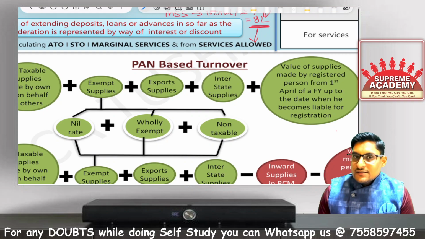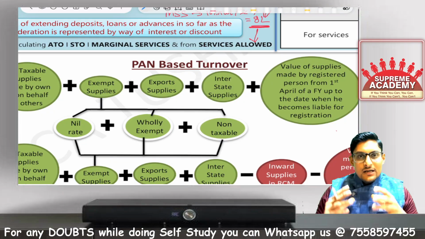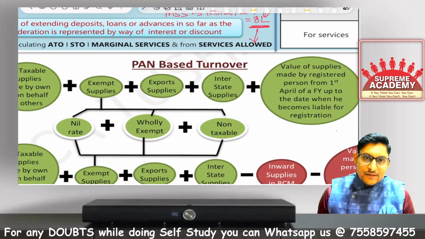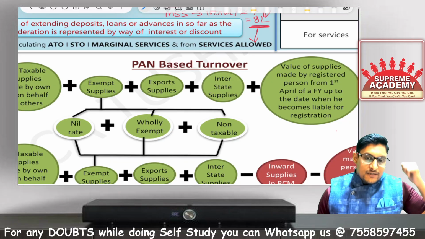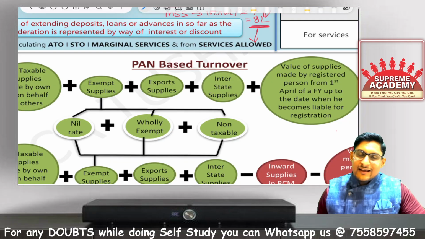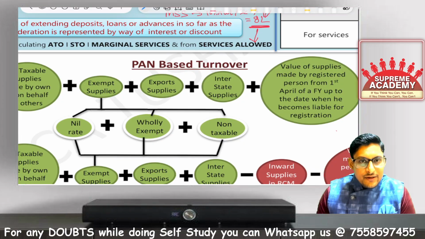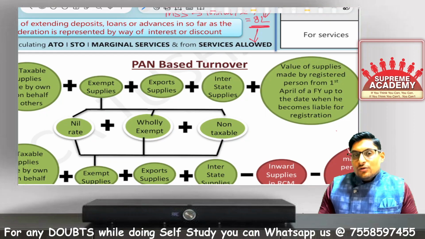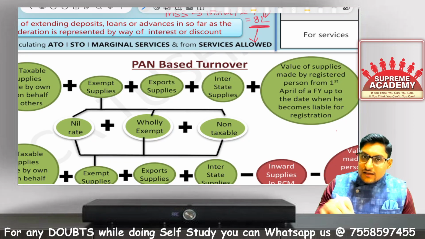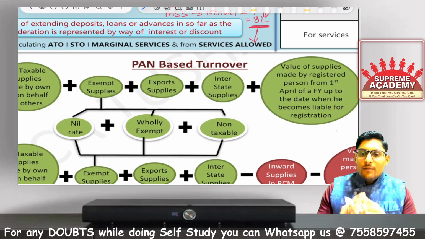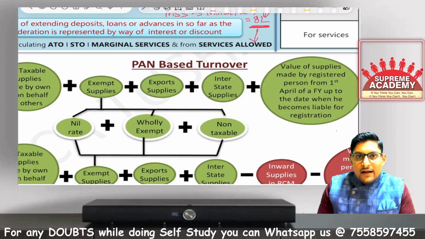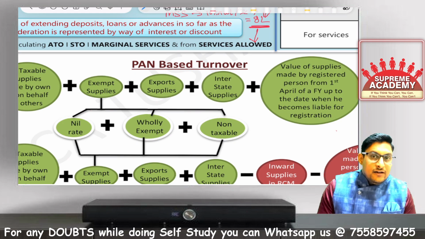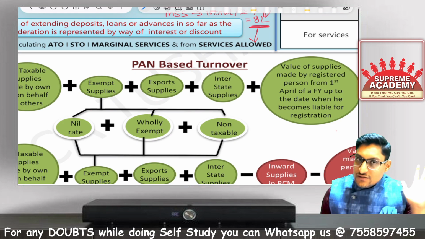See what happens in this case. We are making the judgment of aggregate turnover on the basis of the last preceding financial year. Now here, when you are opting for the composition scheme and want to register in the current year also, from 1st of April of that current year up to the date you apply for the scheme, that turnover is also added to the turnover of the preceding financial year.